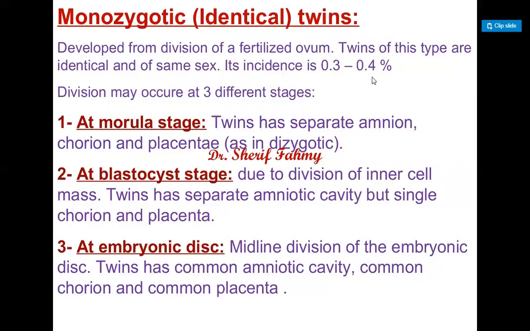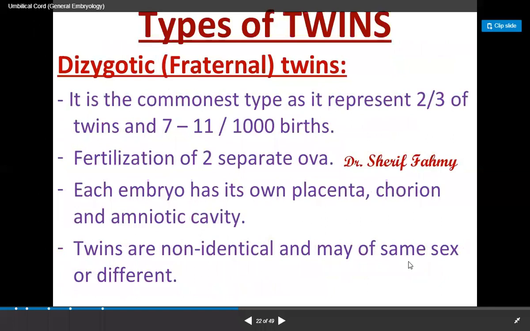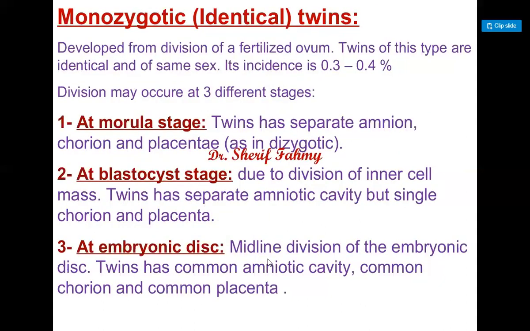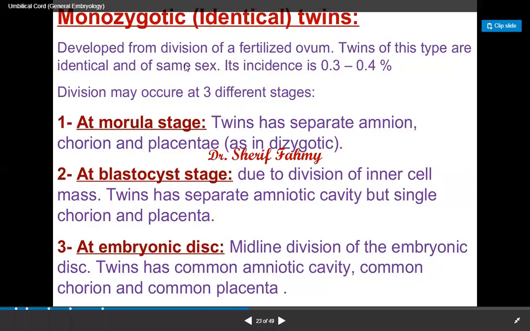While in dizygotic, as seen previously, they may be the same sex or different. What is the meaning of it? In dizygotic, one may be male and one female, or both may be male or both may be female. In monozygotic, both have to be female or both male.